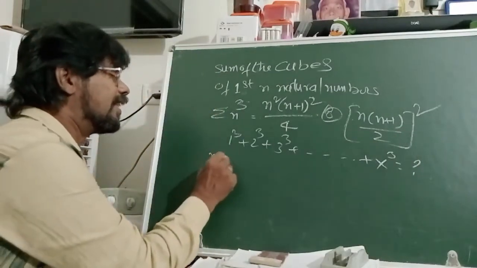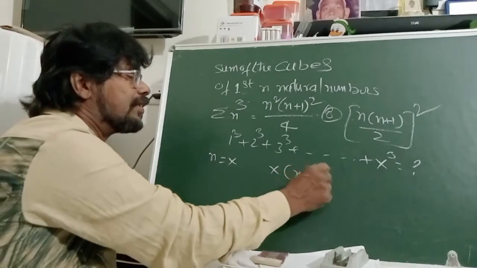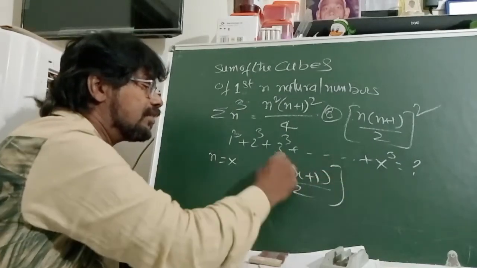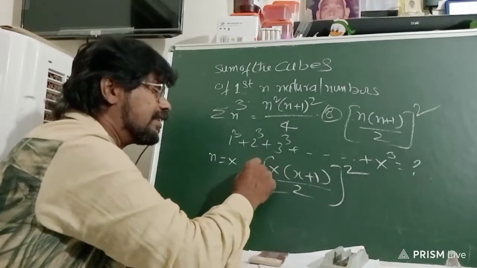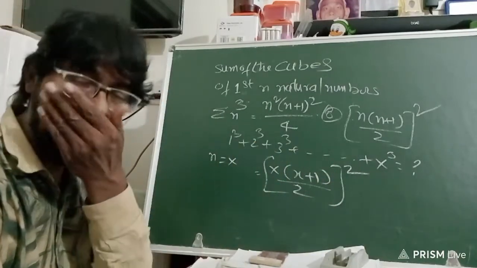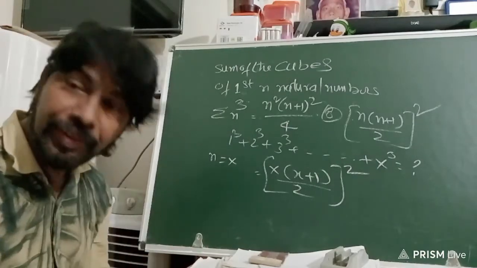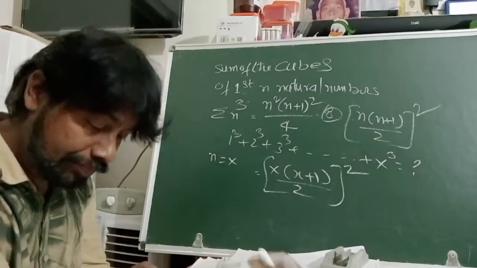Here n is equal to x. So the formula gives x into x plus 1 by 2 whole square. This is the answer, where we have given x instead of n. Now we go for another one.